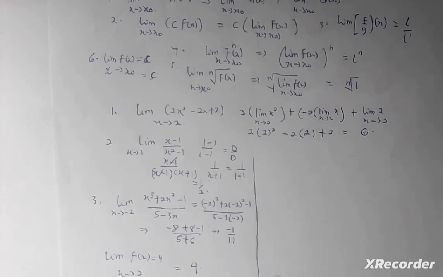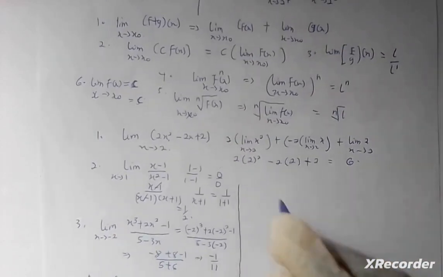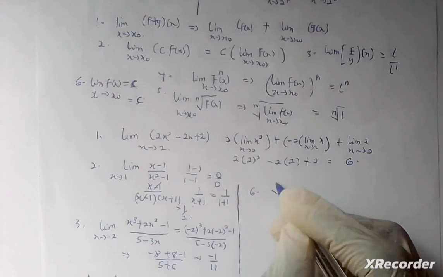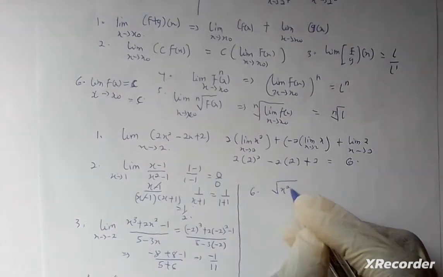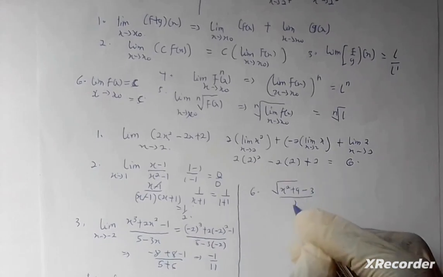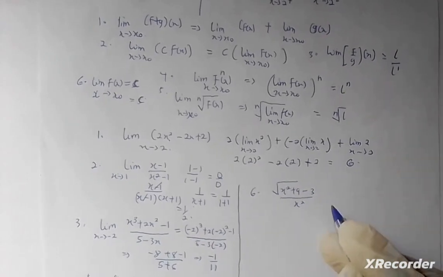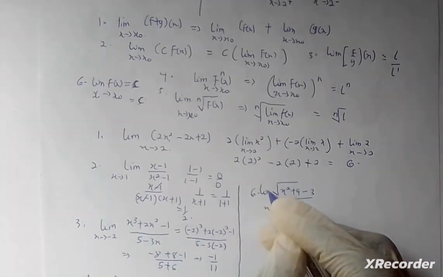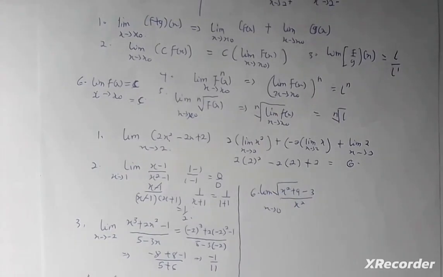Now I have my final example, my sixth example. I have square root of s squared plus 9 minus 3 all over s squared as x approaches 0. So first of all, as I said, with rational functions you are supposed to put the limiting value into the denominator, and once I put it here, you realize that I'm going to get undefined.